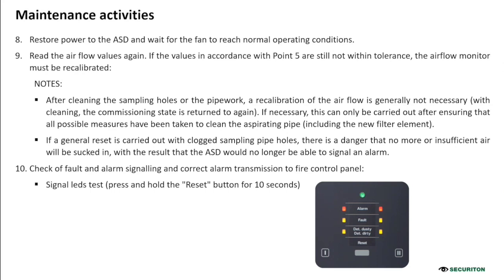So you made everything, you cleaned up everything, and then the airflow value goes to like 95% or 98%. In the case you are sure that you made all the proper maintenance, you can make a new recalibration, to set the airflow to the correct value.